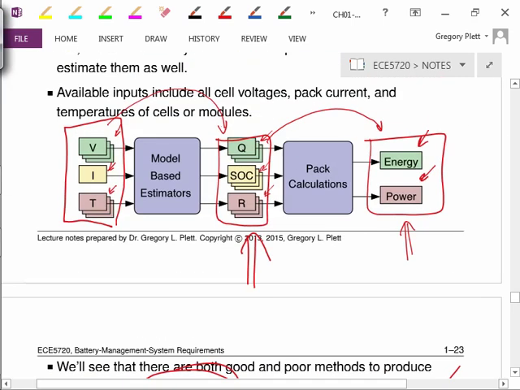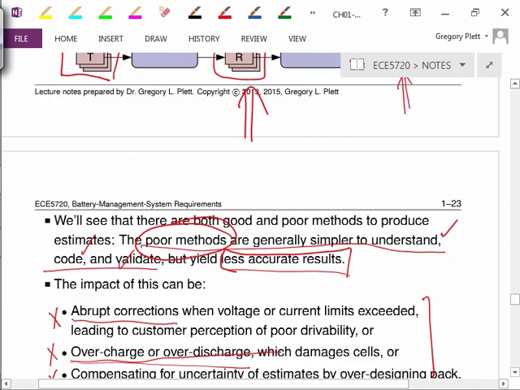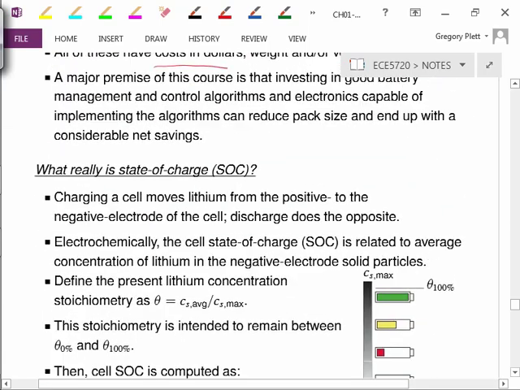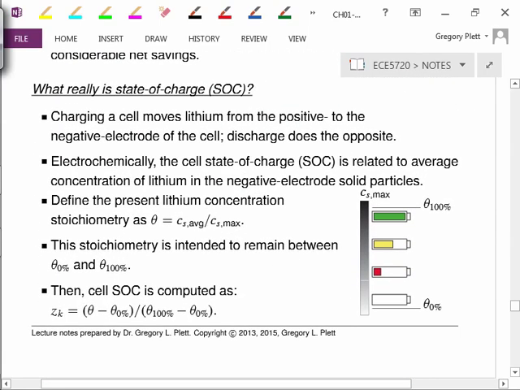Refreshing our memory, how did we get there? We want to estimate energy and power. To do that, I need to estimate from voltage, current, temperature the capacities, states of charge, and resistances of cells. Thinking a little bit about state of charge here, how might I go about thinking about state of charge of a battery?